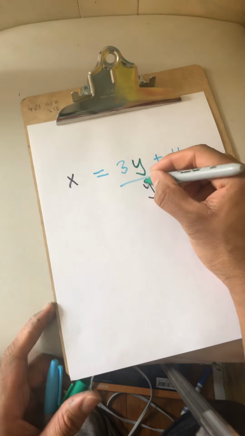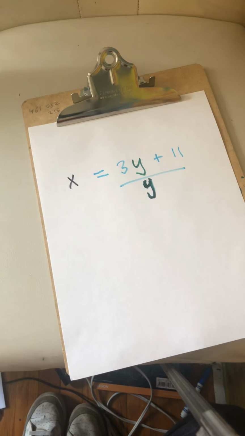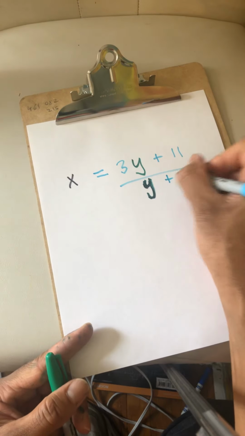It's supposed to be a green y. What I have now is a green y plus 5.